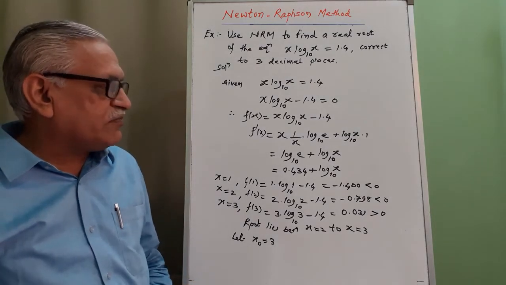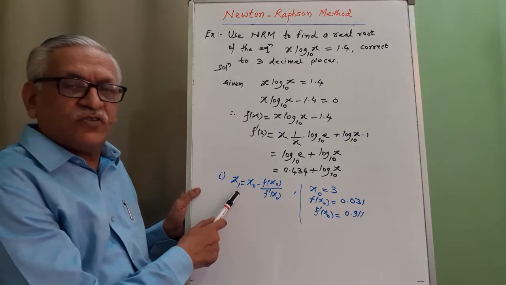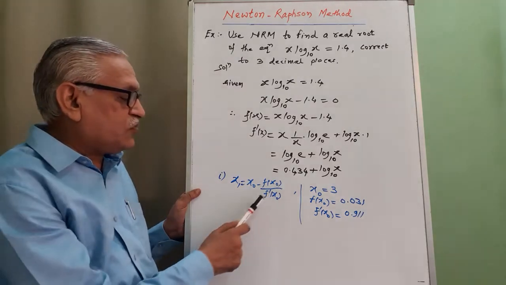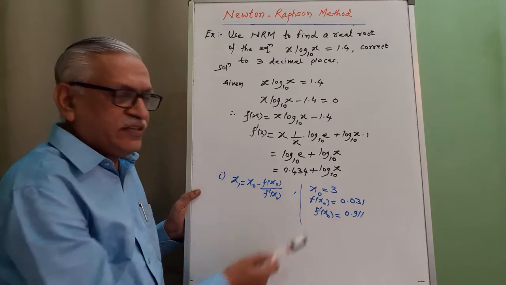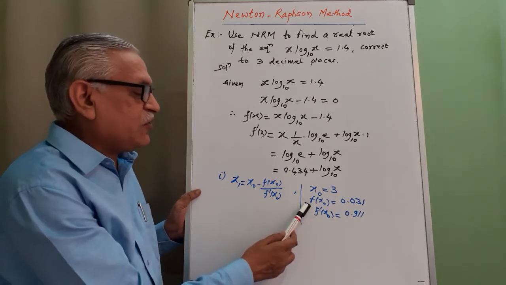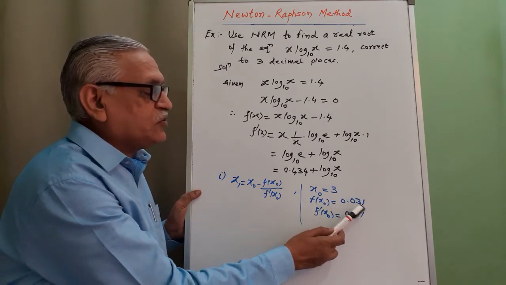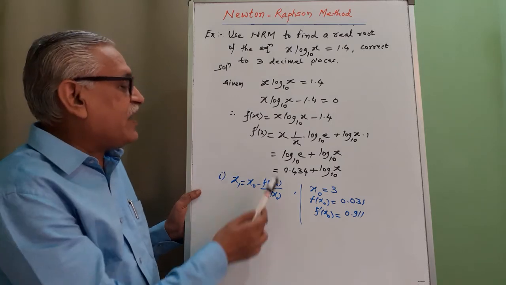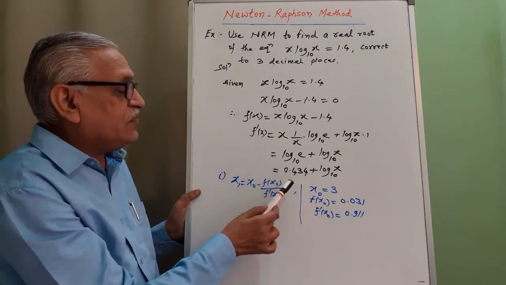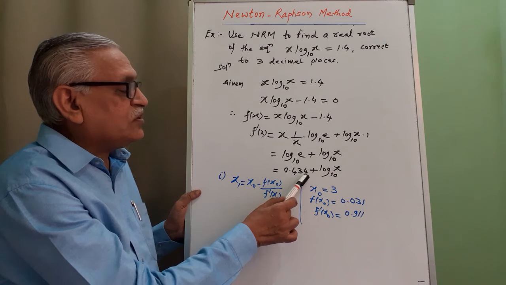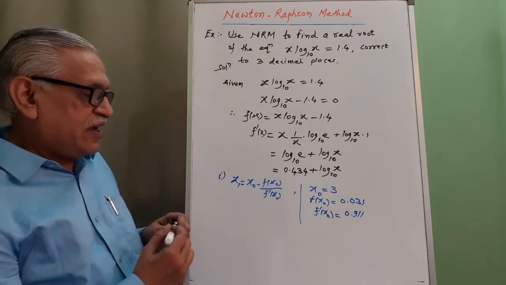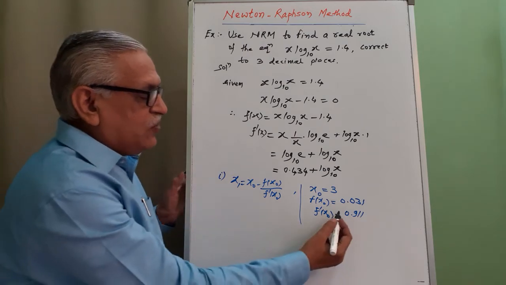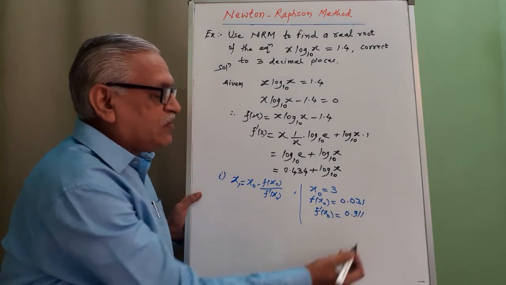Then we apply the first step of the first iteration to find the root by Newton-Raphson method. We get x1 equals x0 minus f of x0 by f dash of x0, where x0 is 3, the initial guess value, the corresponding function value is 0.031, and substituting into f dash, we get 0.434 plus log of 3 to the base 10, and the simplified value is 0.911.